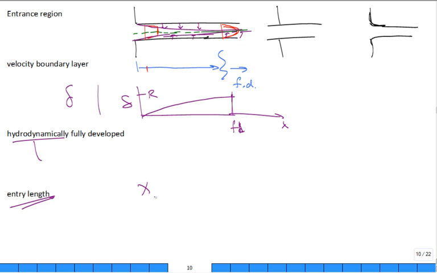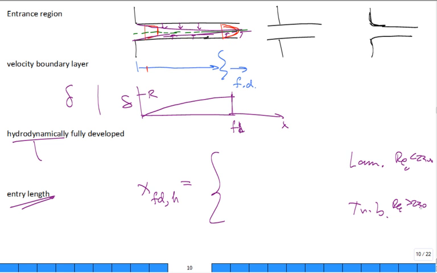Well, what is that entrance region length? Let's say the length to become fully developed hydrodynamically. Well, it depends if you're eventually going to be laminar or turbulent flow, meaning that the critical Reynolds number is less than 2300 or greater than 2300.